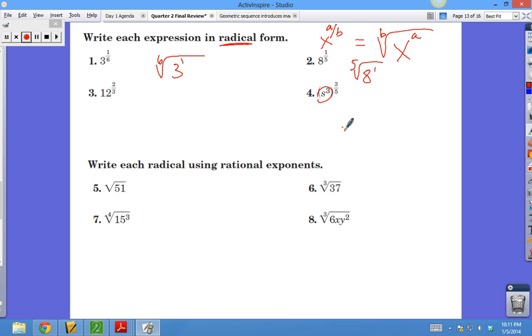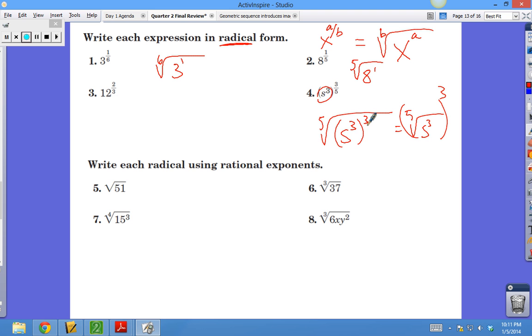S cubed is going to go there. The 5 can go either here or it can go there. They're the exact same thing. But now look at this one.